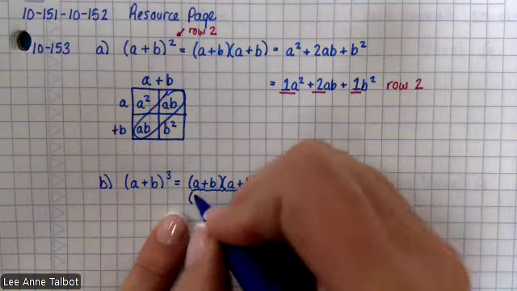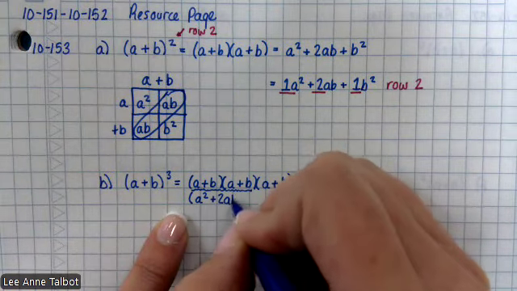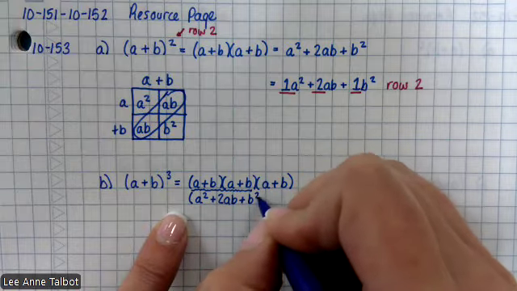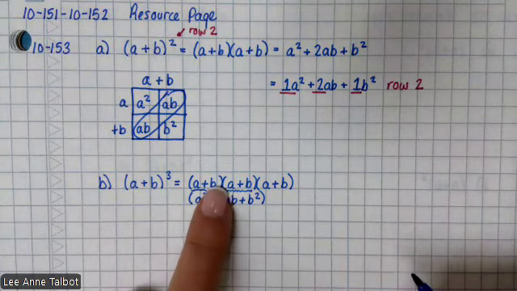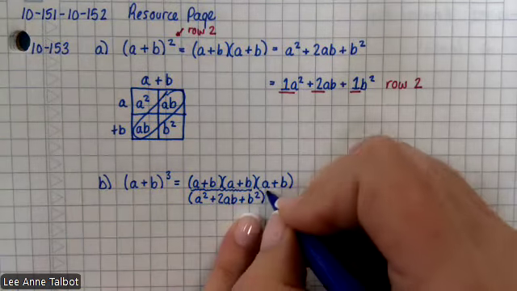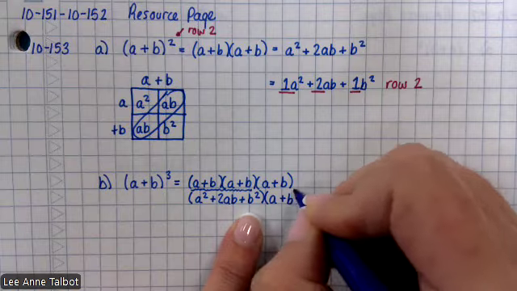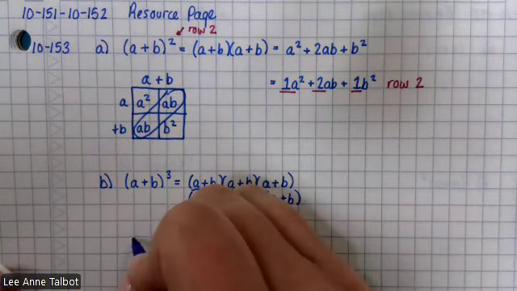So I could go a squared plus 2ab plus b squared. That's just my answer from doing two of them. And multiply that times the third one. And this would require a 3 by 2 box.